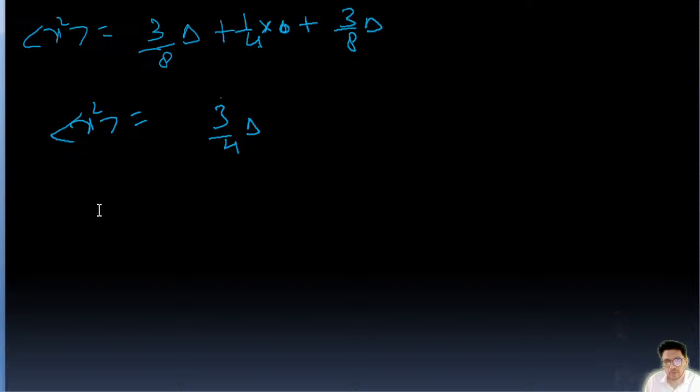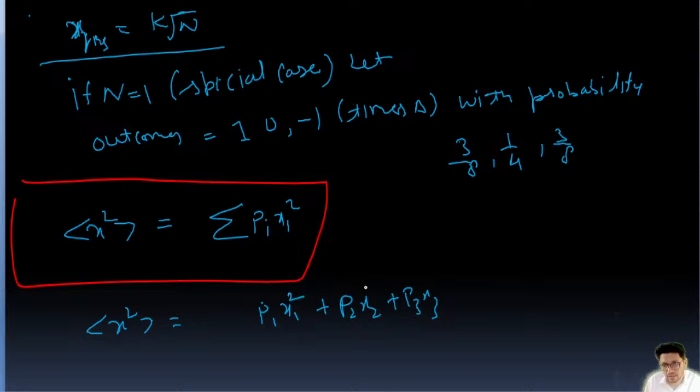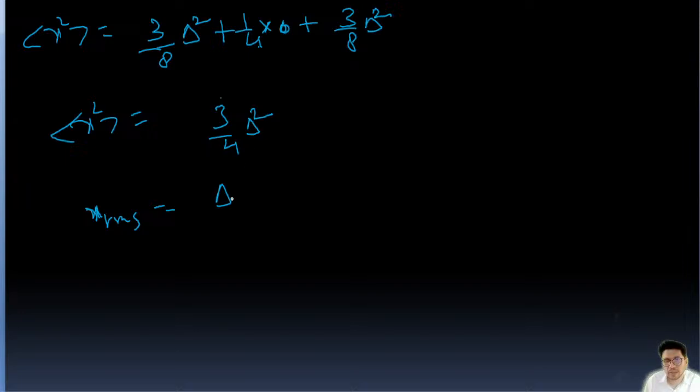So x RMS, the root mean square displacement, is going to be delta times root of 3 by 4, into 1.